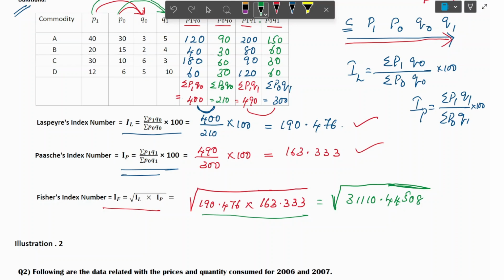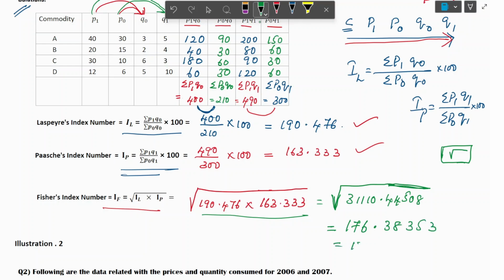Now, in the calculator, there is a function called finding the square root. There is a button. You can press that one and the number. First, enter the number, then press this particular button, and you are going to get the square root, 176.38353.